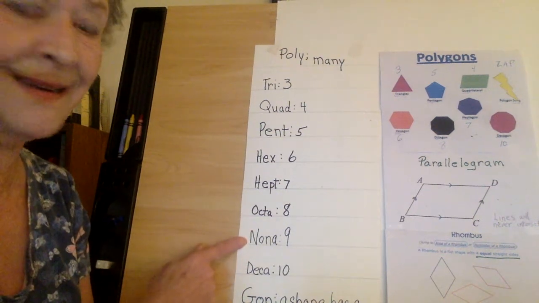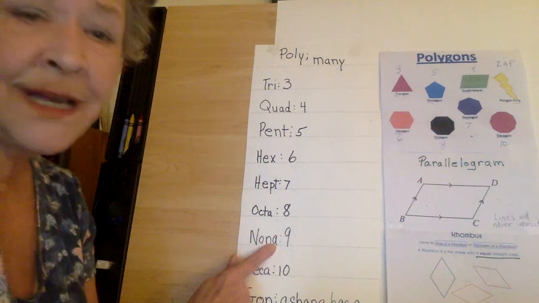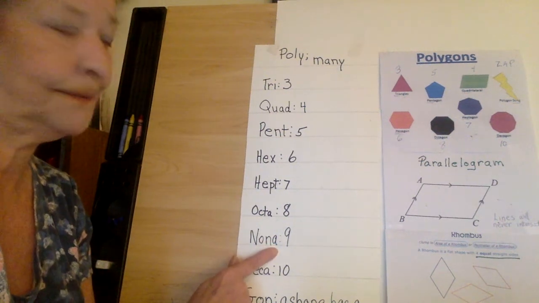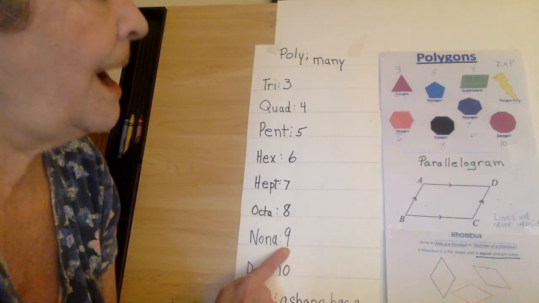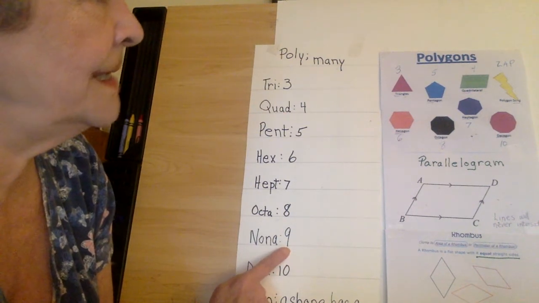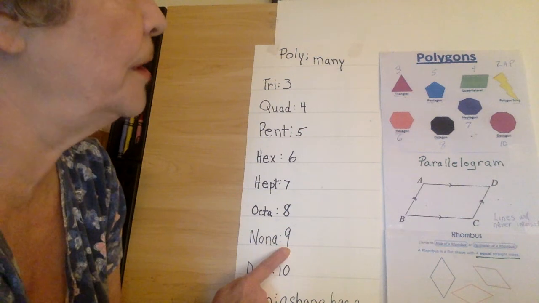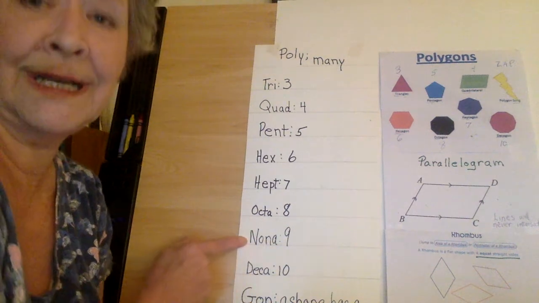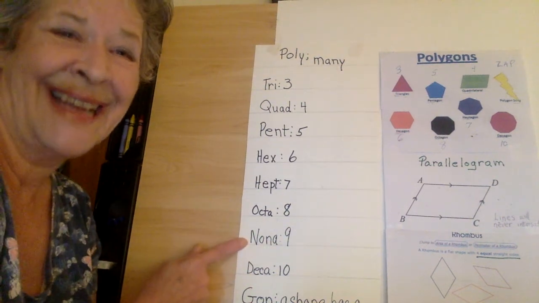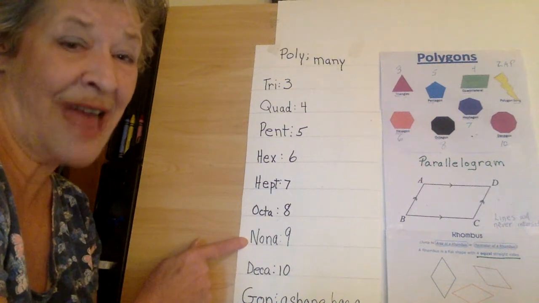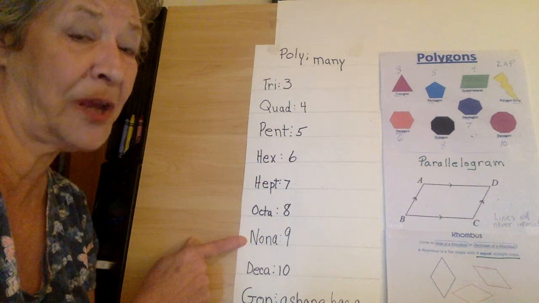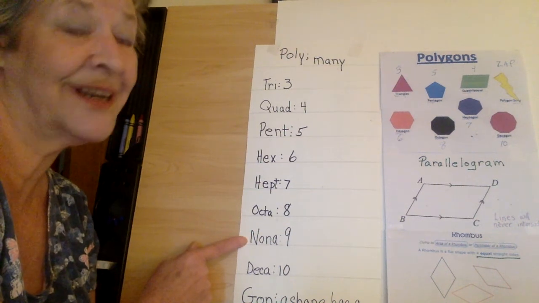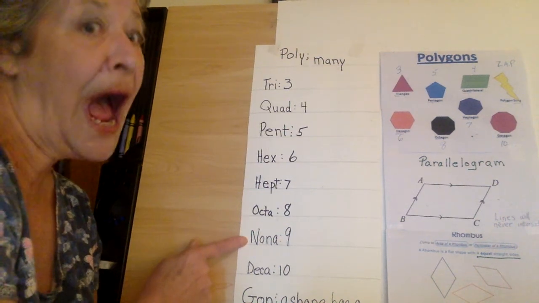9. Nona, nonagon. 9. I don't have a 9 on the board. You know what I'd like you to do? As you do your activity, this is the one shape I want you to include.